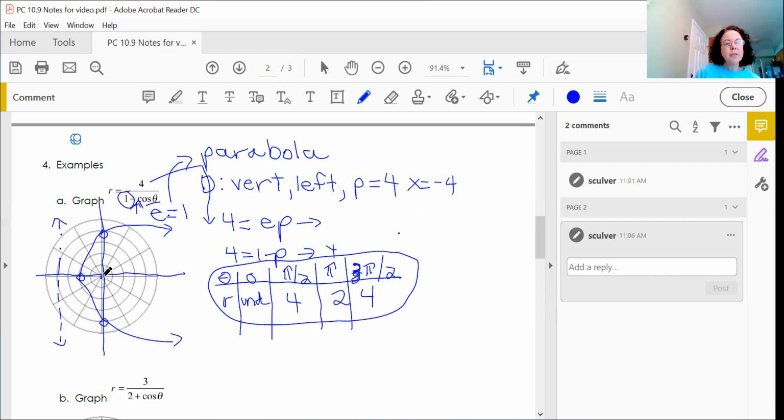As I said, the vertex is located between the pole and the directrix. Now you can see why the point 0 at 0 radians is undefined, right? Because at 0 radians here, there is no point for the parabola. So actually, that first point made perfect sense that we couldn't record it, right?